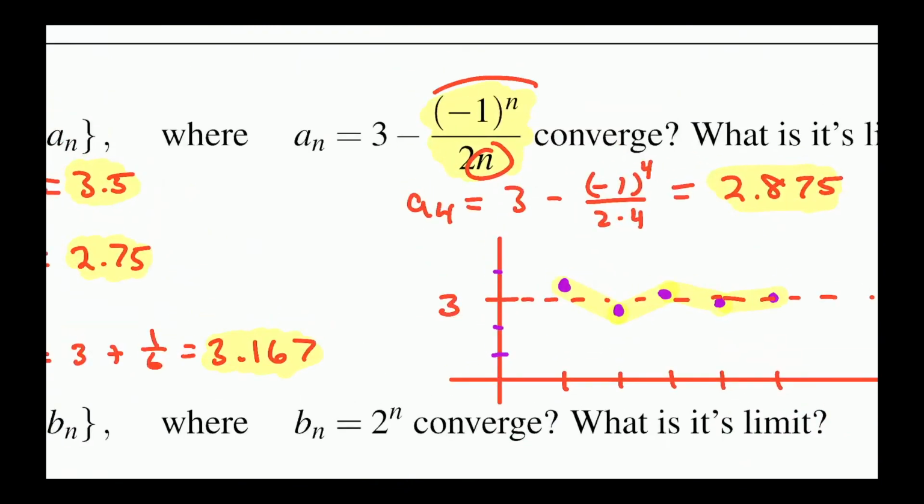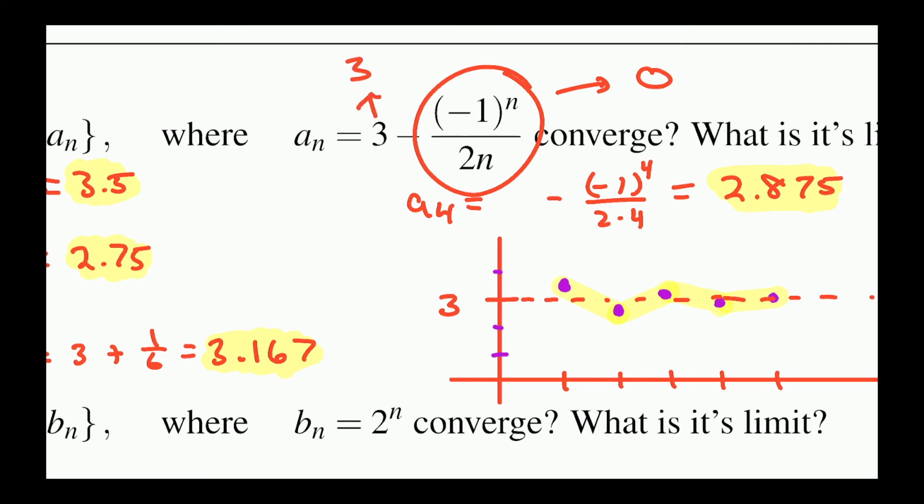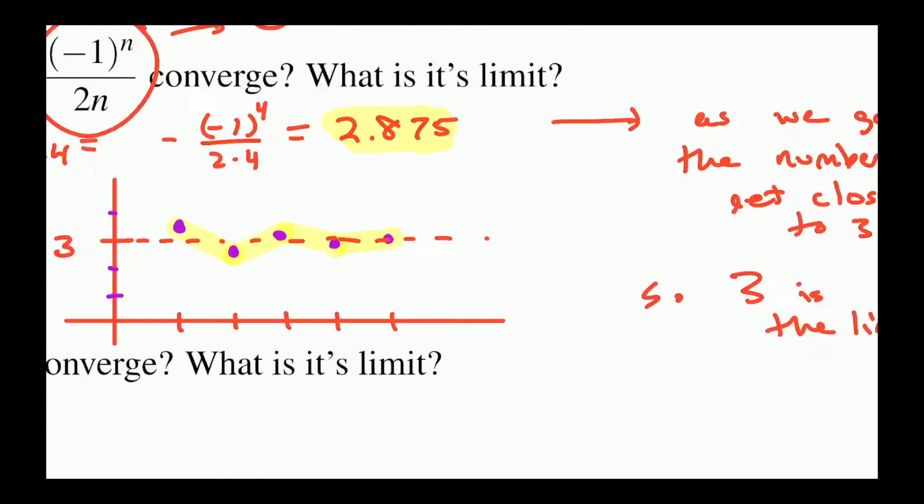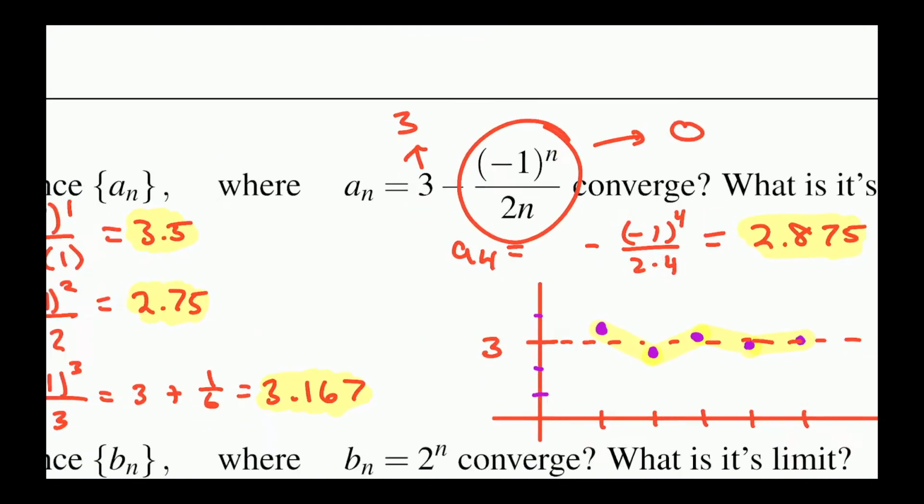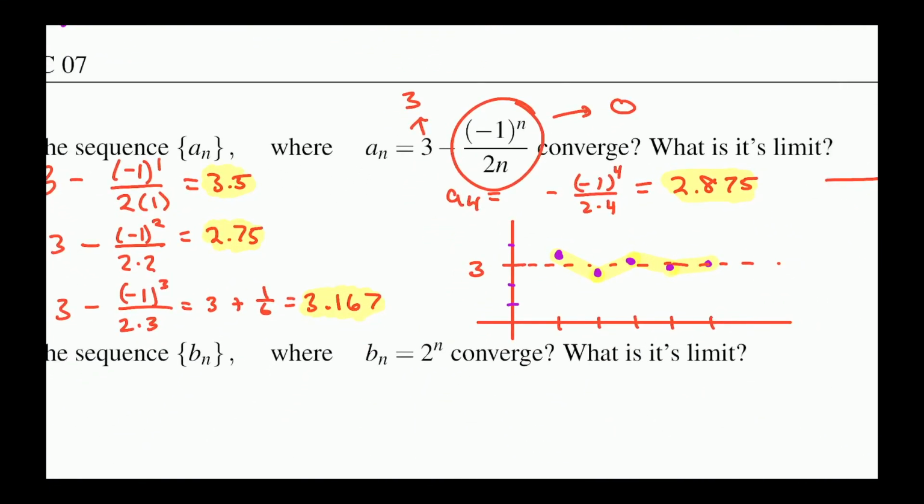Here the top is plus 1 or minus 1, the bottom is n, and n's going to infinity. So overall, this thing is going to 0. But what's the 3 doing? Still 3. So it's 3 minus something that goes to 0. So it's no surprise that the limit is 3, because the thing that we're adding or subtracting is going away. Does that make sense? So that sequence has a limit of 3.